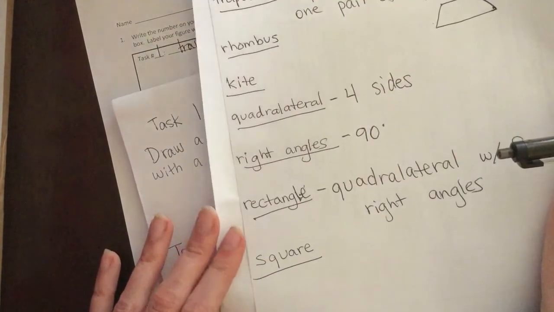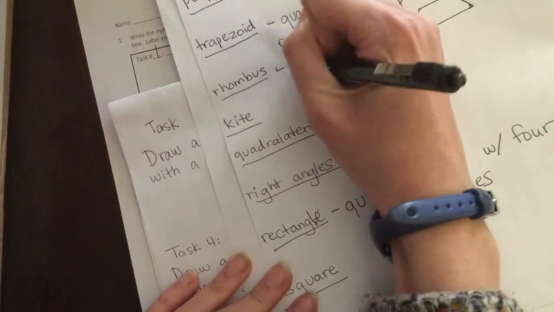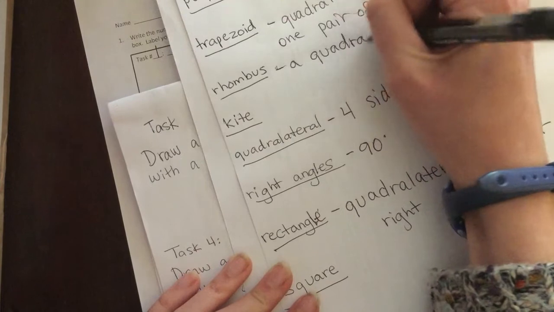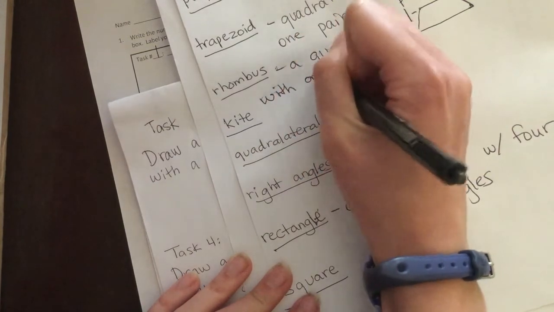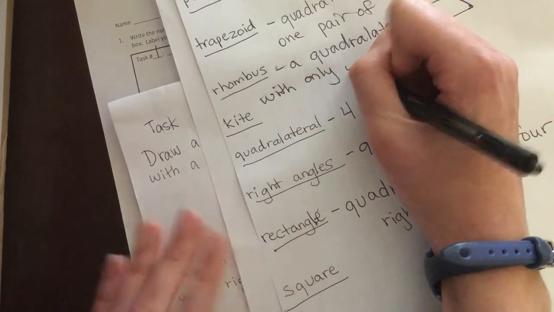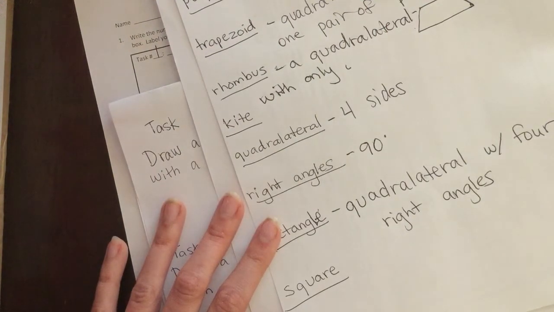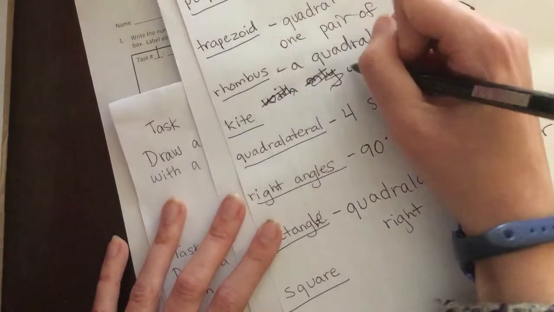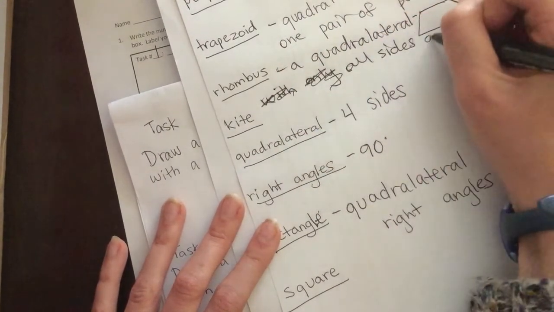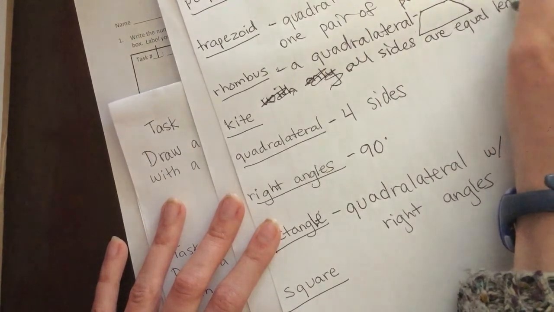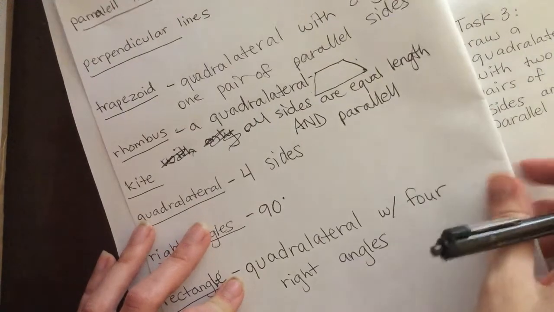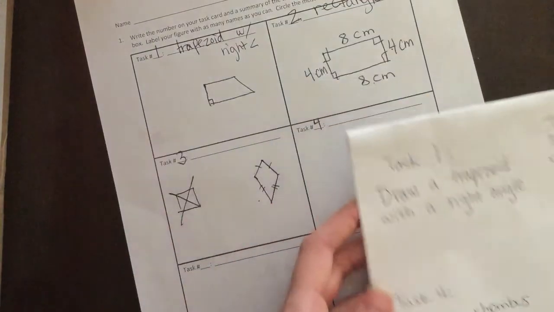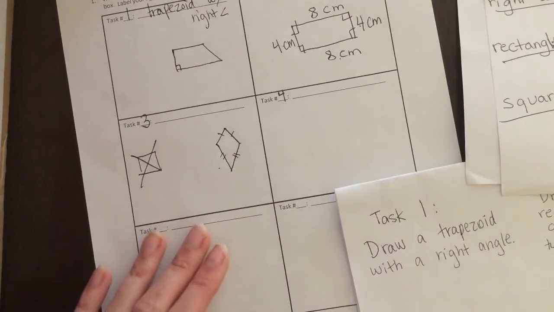A rhombus is a quadrilateral where all sides are equal length and parallel. Let me show you that. Yep. All right.